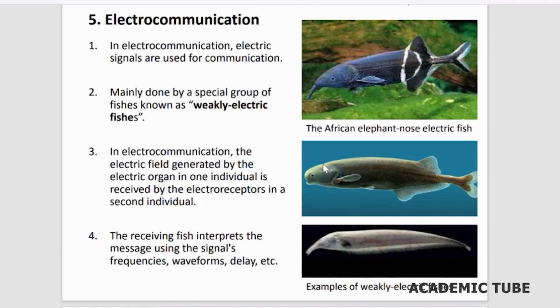Now this electric field is produced by some other fishes also, for example, the electric ray, right? The electric field that is produced by the electric ray or the electric eel is very strong. For example, an electric eel can produce an electric field with a voltage of around 600 to 800 volts.